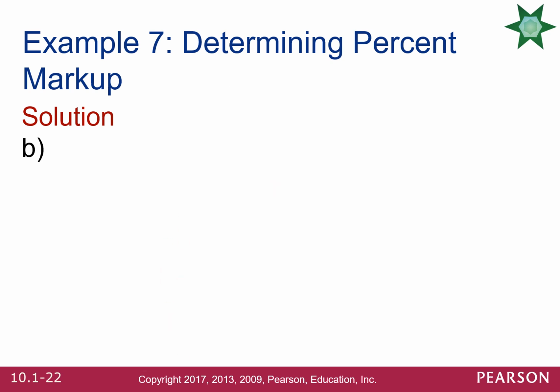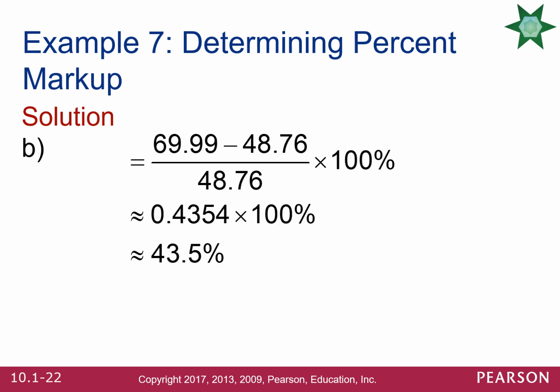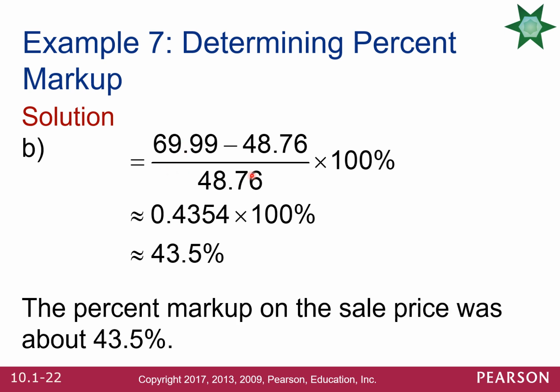Now part B of the question was asking the percent markup on the sale price, correct? So the sale price was 69.99. Again, the same formula is being used, except that instead of 79.88, we are now plugging in 69.99, the sale price. The previous part was the markup on the regular selling price.